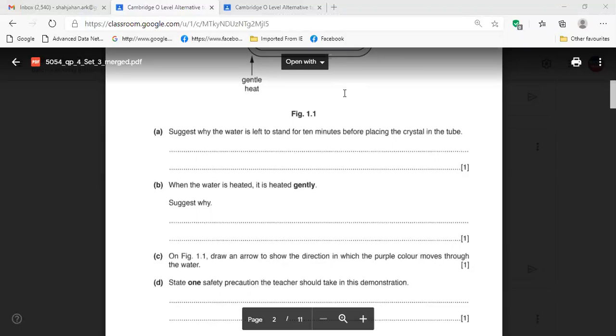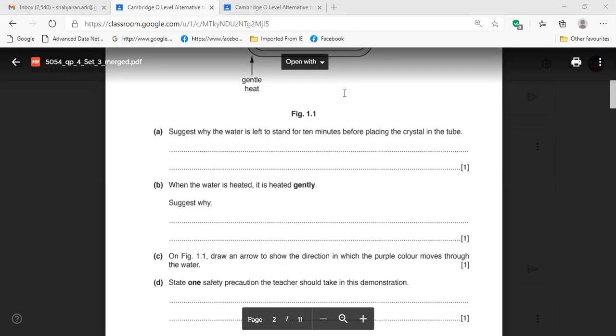Then it is fine. And then if we heat it too much, if we are increasing the heat too fast, then the convection process will also be very fast, right?